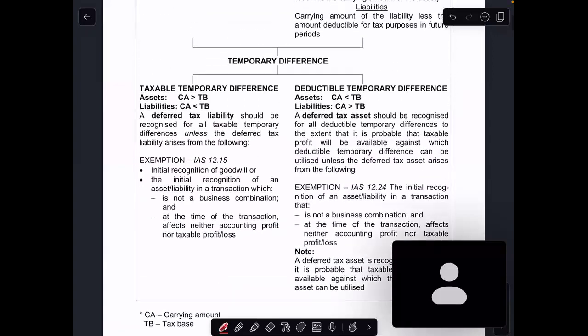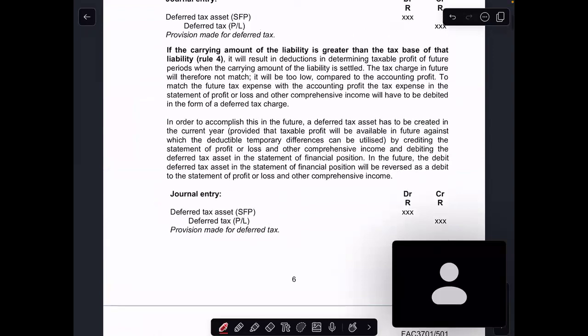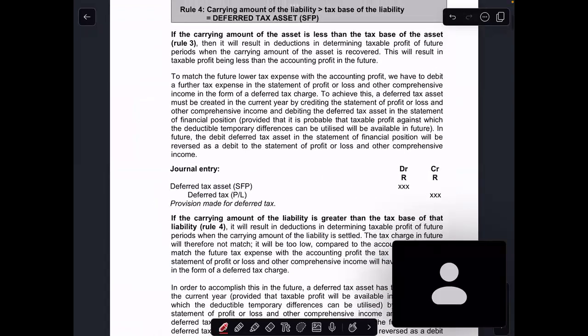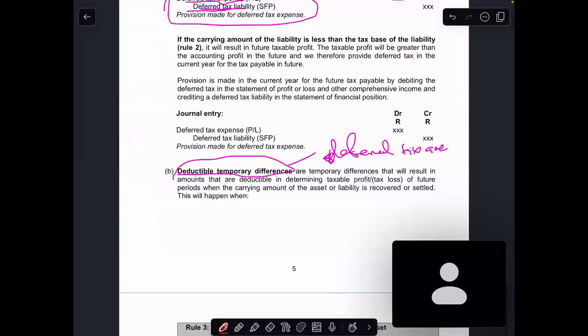Right, there is where they summarize and say this one you add to profit and this one you deduct. That's what they want. Deductible temporal differences result in amounts deductible in determining taxable profit or tax loss. Ours is taxable, isn't it? Ours was positive, so giving us a deferred tax liability. What are they saying here?